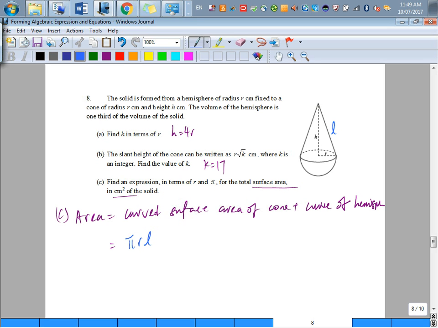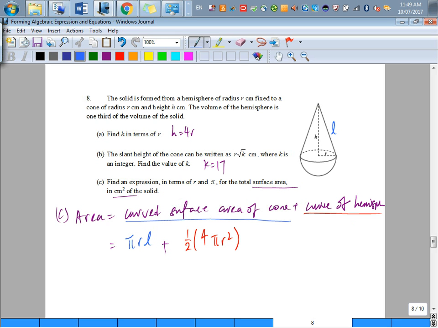Okay, then we add that to the curved surface area of a hemisphere, which is half times 4 pi r square. Okay, this is for the red color for the curved surface area of the hemisphere and blue color for the curved surface area of the cone.